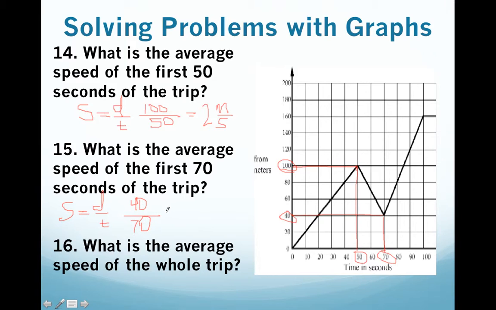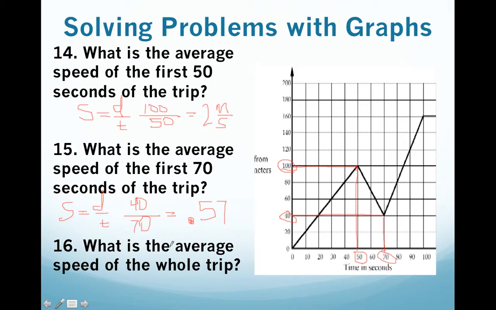Now taking your calculator out, because this doesn't come out nice and even, I'm going to take 40 and divide it by 70, and I get 0.57. Actually, that's the hundredths place. If you want to round it to the nearest tenth, it would be 0.6.